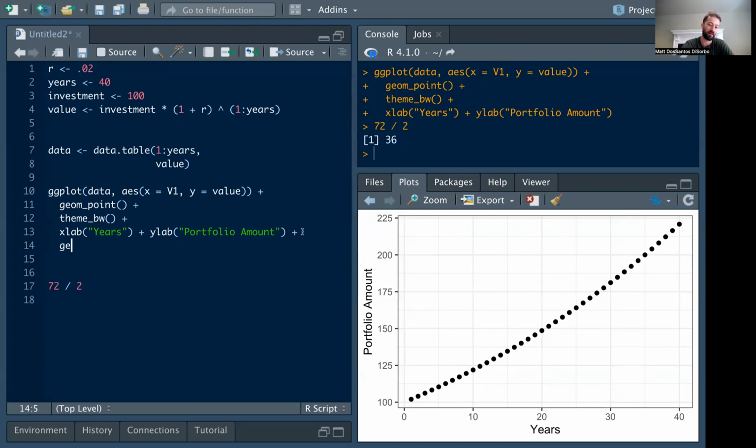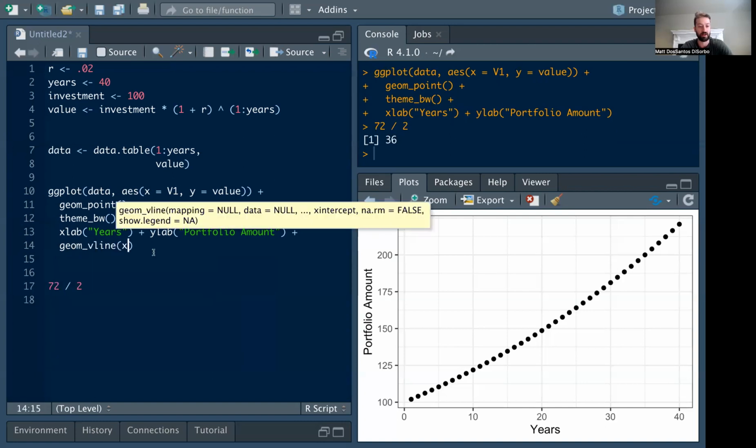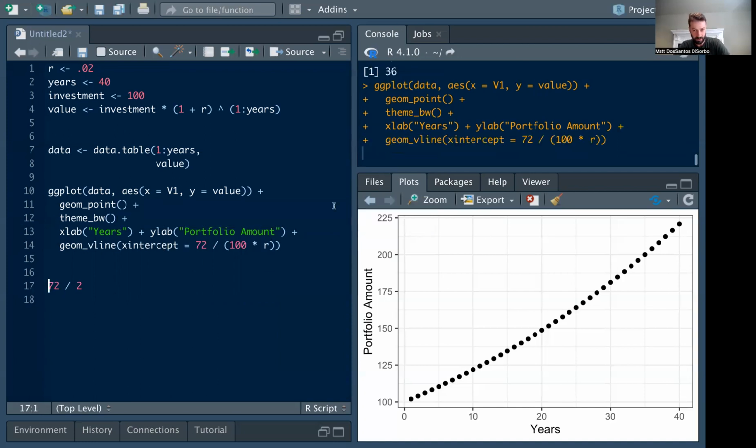So I'm going to add a line here. geom_vline is a vertical line. The x-intercept is going to be 72 divided by 100 times R. R is just our 2%, and we convert it so we get 2 instead of 0.02. And you can see, look, we have our years, and it's about where our portfolio crosses 200.